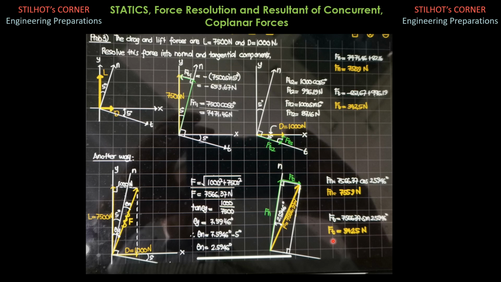While the tangential component of force is positive because it is directed towards the positive tangential axis. So this is opposite. So it is hypotenuse 7566.37 sine of 2.5946, and therefore it is 342.5 newtons.